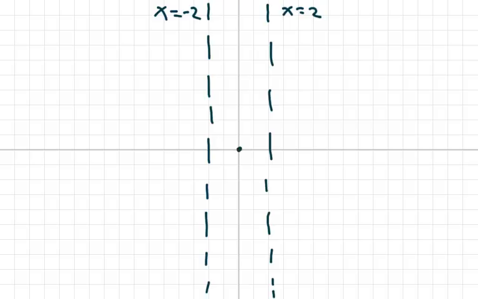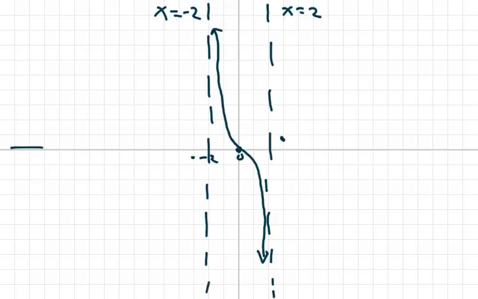Here's my x-intercept, and from my intervals, I know that from -2 to 0, it's above the graph, and from 0 to 2, it's below the graph. I know this is also symmetric to the origin, and then I'm going to go ahead and plot my 3 and 3/5, and my -3 and -3/5.